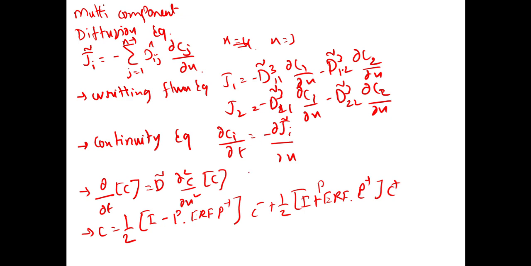So we can say directly that by taking these equations and simulating in MATLAB, we'll get the concentration profiles, that is C versus X. If we have an experimental value, we can predict the concentration profiles.